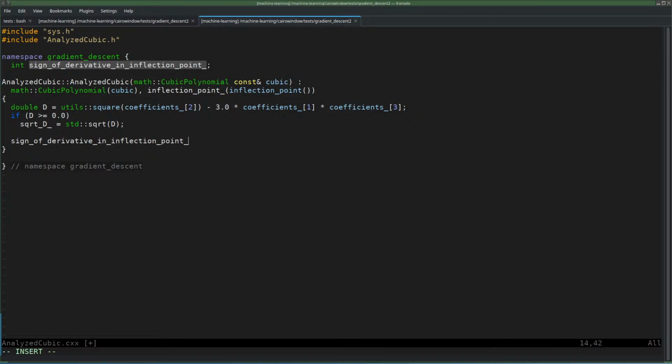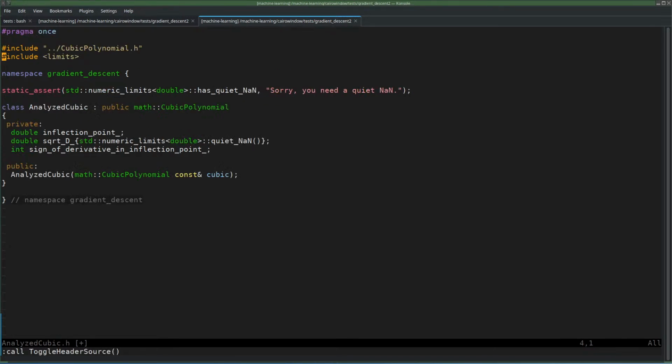Yeah, it could even be a boolean. Let's initialize it to 0. And then if the derivative is positive, I set it to 1, and if it's negative, I set it to -1.